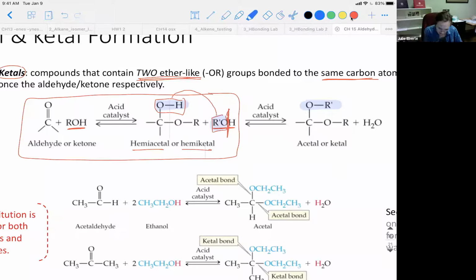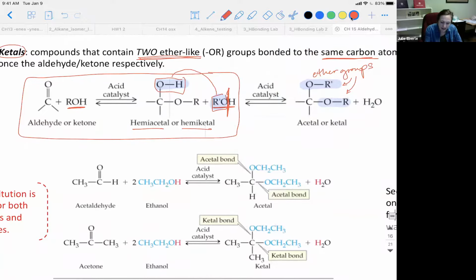Okay. This is another ether group. So I should say we have ether groups right there and right there. And that is the acetal or the ketal.